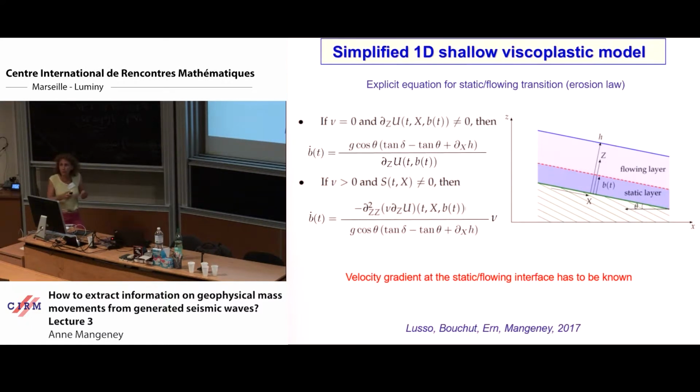So if you want to describe the static flowing interface, you have to have the value of the gradient of u at the static flowing interface. And so you see that if you have a shallow equation with a depth-averaged model, you don't have any velocity gradient and you will not be able to describe this static flowing interface.